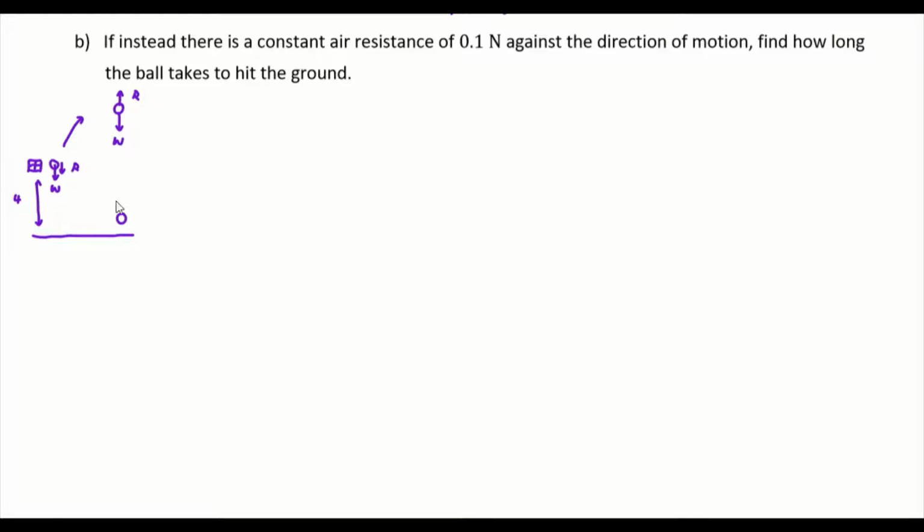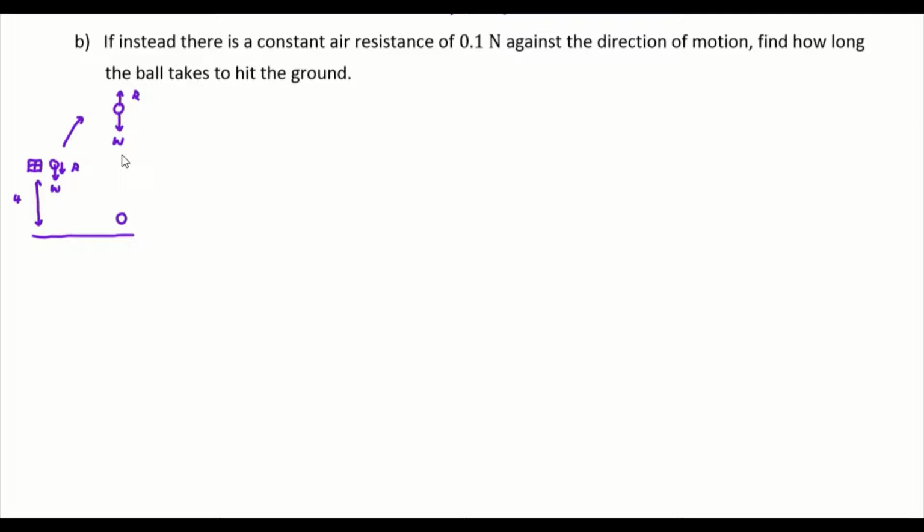So you realize that this is a question with two stages as well. In the first, your weight and resistance act in the same direction. In the second, they act in different directions. So you have a different net force, which means the acceleration is different. And if the acceleration is different, then we cannot solve it like how we solved A, by putting everything into one equation.